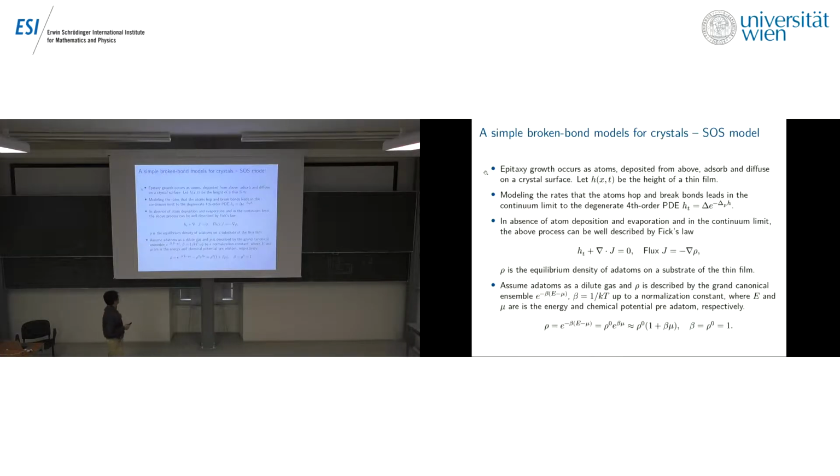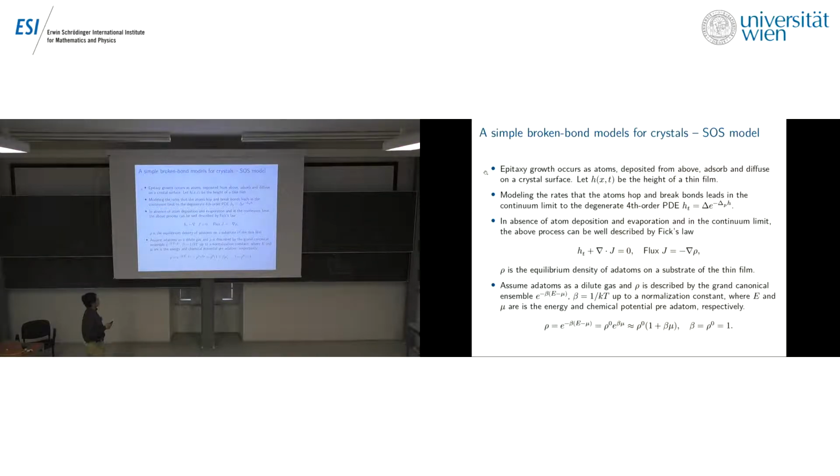Okay. So let's take the classical solid-on-solid, the bond counting model for crystal growth. Let H be the height of the thin film. And the atoms are deposited and hover along the surface, and we assume the atoms are a dilute gas.